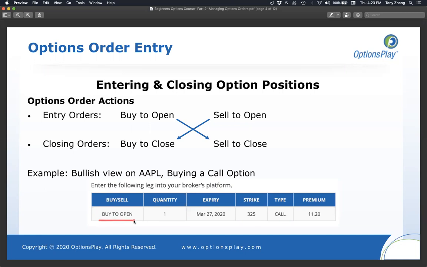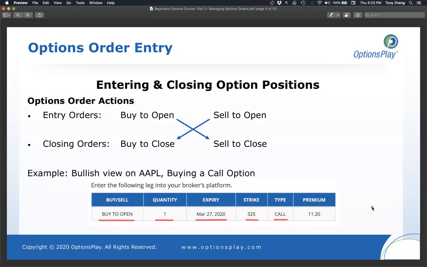So number one, you have to specify whether you're buying or selling to open. You have to specify your quantity, your expiration date, your strike price, and whether you're buying a call or a put. And lastly, you'll have a premium, and we'll talk a little bit about that in the next couple of slides as far as the price that you want to purchase it.